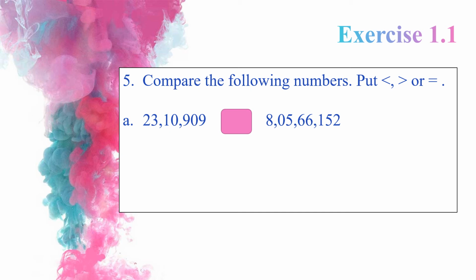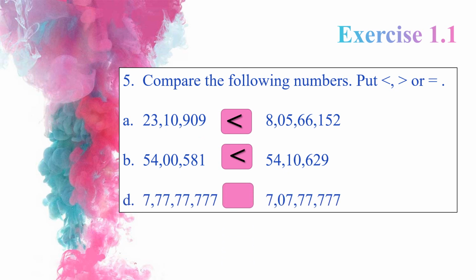So, the number on the right side is greater. So, we need to put the symbol. Second question, 54 lakh 581. On the right side, we have 54 lakh 10,629. So, the second number is greater. We need to put this symbol.